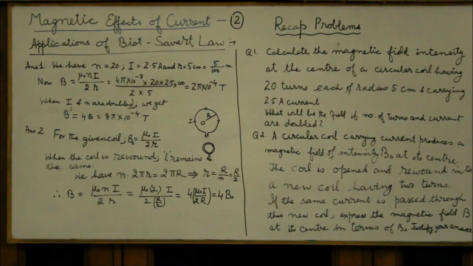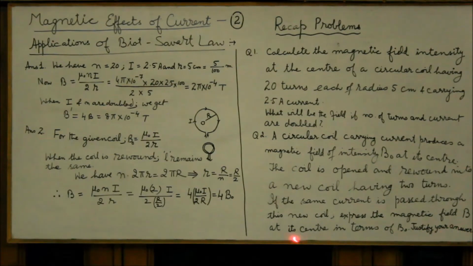Question number 2. A circular coil carrying current produces a magnetic field of intensity B0 at its center. The coil is opened and rewound into a new coil having 2 turns. If the same current is passed through the new coil, express the magnetic field B at its center in terms of B0.